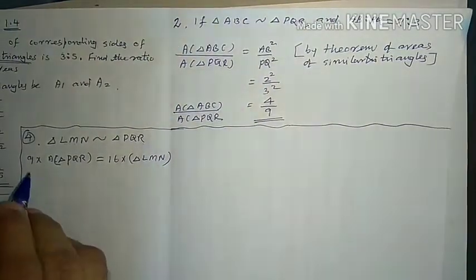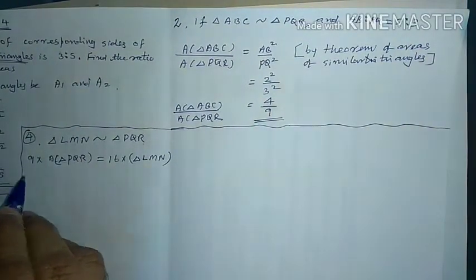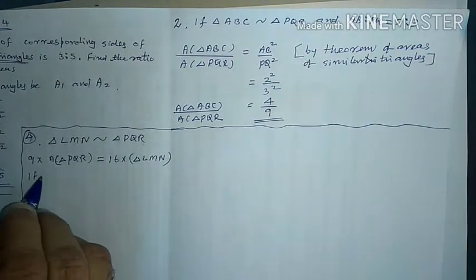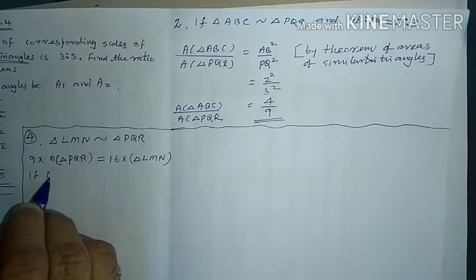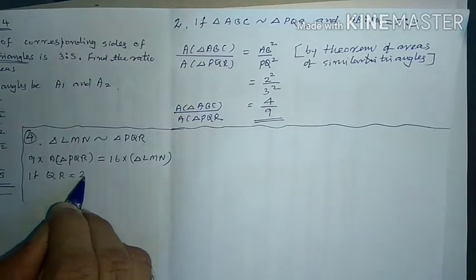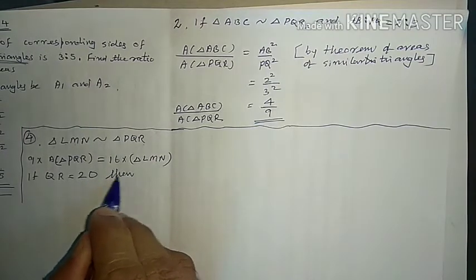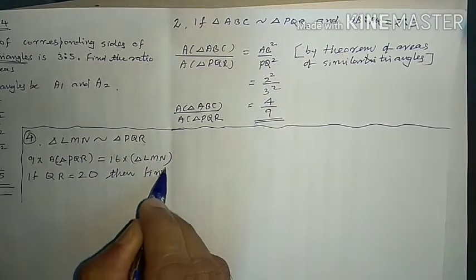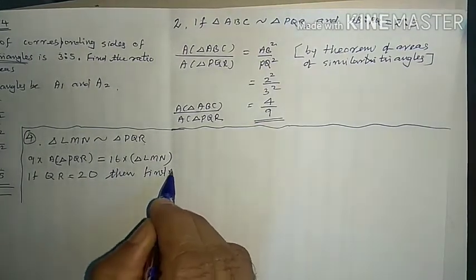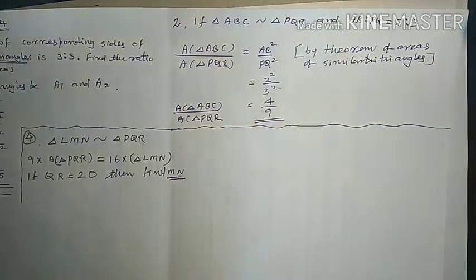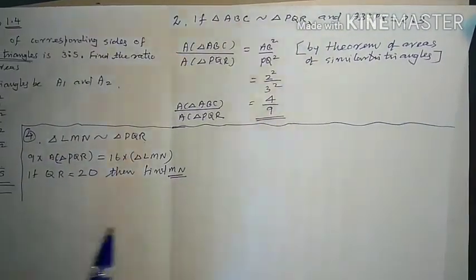This is given. And also if QR is 20, then find MN. You have to find MN. This is question number 4.